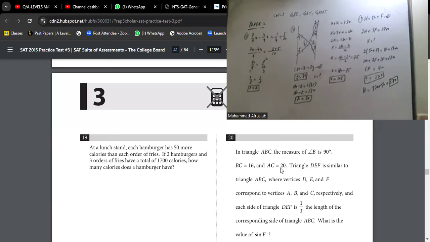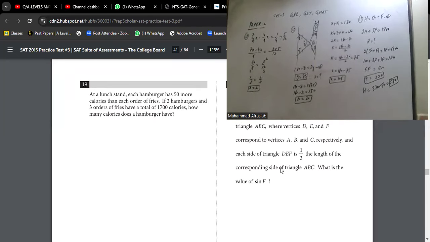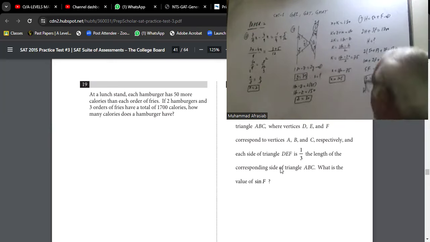Question number 20 now. In the triangle ABC, the measurement of angle B is 90, BC is 16, and AC is 20. So we are going to make a right angle triangle there.